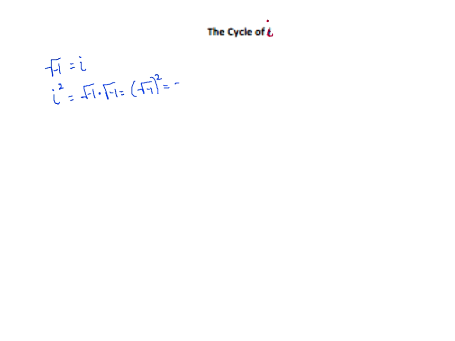The square root goes away, and we just call i squared -1. i cubed is the same exact thing as i squared times i, so it's 3 i's being multiplied together. Well, I know that i squared is -1, and i is just i, so we call i cubed -i.